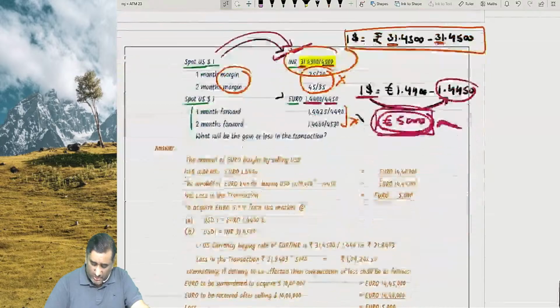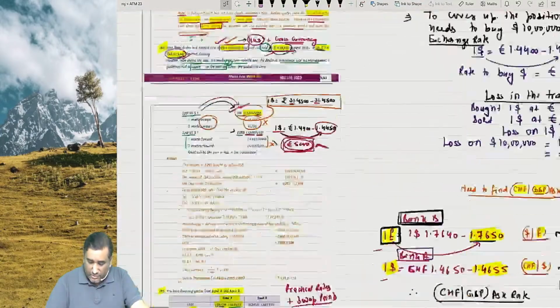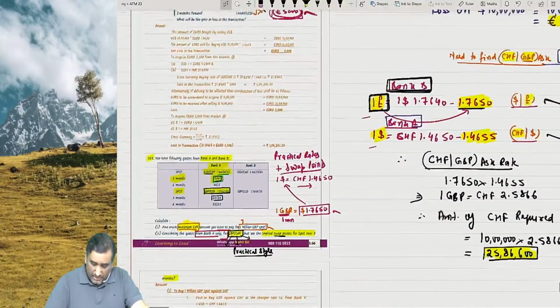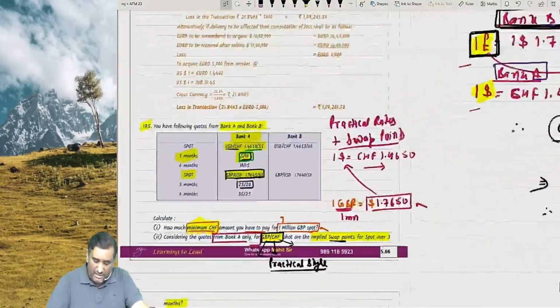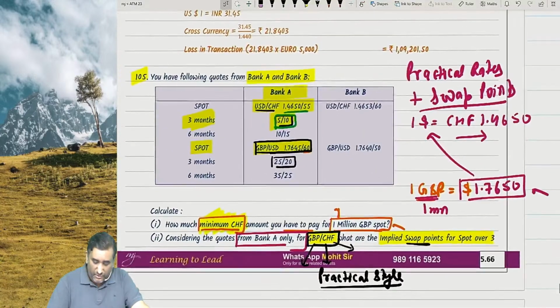You can try at home. Answer is right. Try at home. And 105 was practical rates plus swap points, actually. 105 I have given you. You can try at home.